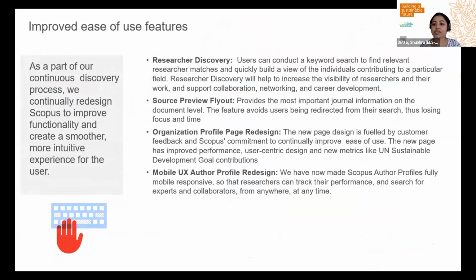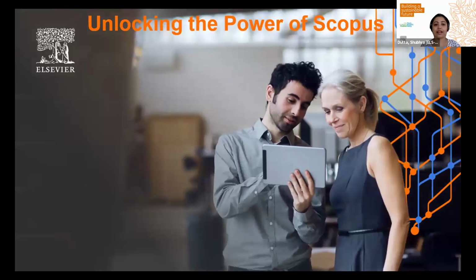There are multiple features which are being updated on Scopus on a yearly basis so that your user experience is improved every time, and new features help you to get to your data much more easily and in a more succinct manner. So now we begin with our actual presentations of the day.